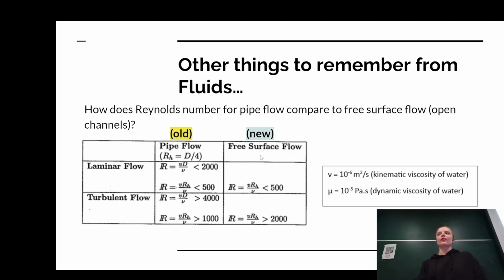In free surface flow, which is what we find in open channels, these numbers might slightly change, particularly for turbulent flow. That's something good to note, and when you have to classify flow as turbulent or laminar, you'll have to use these free surface flow numbers in your open channel questions. I've also got our constants here, which we should be familiar with from last year.